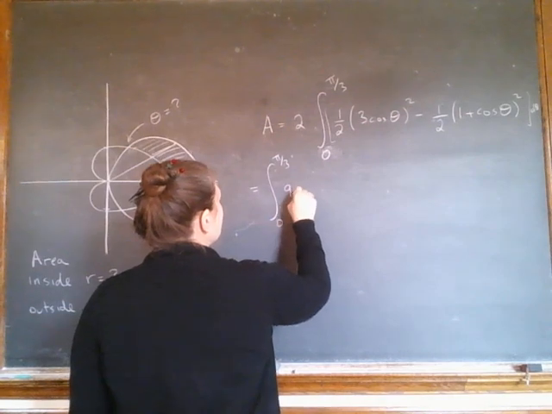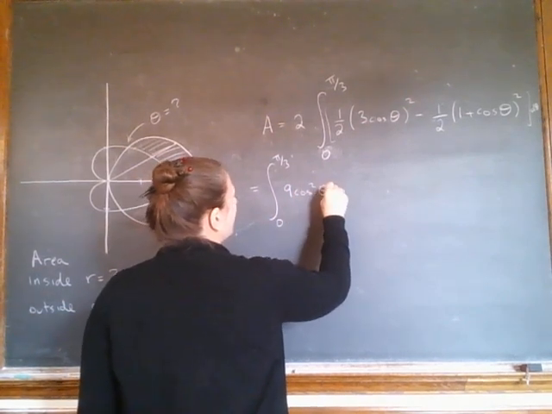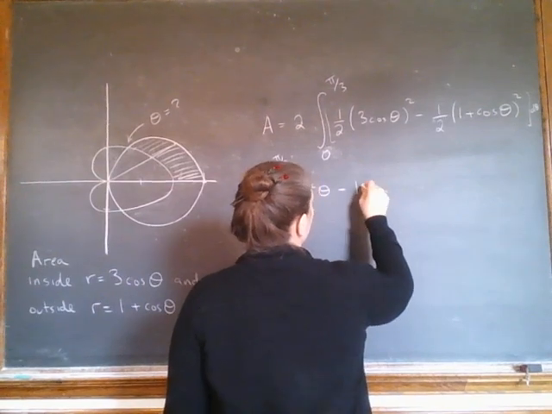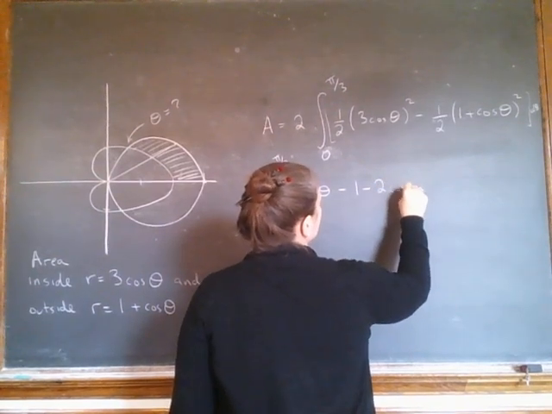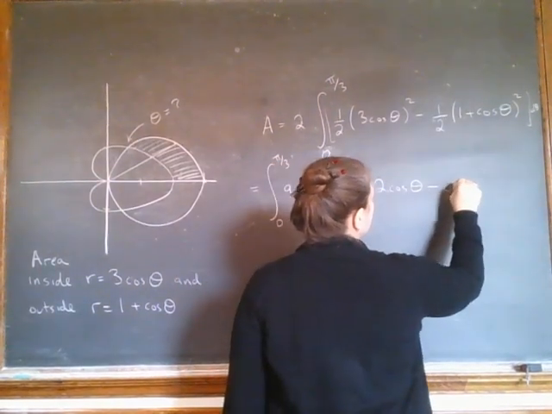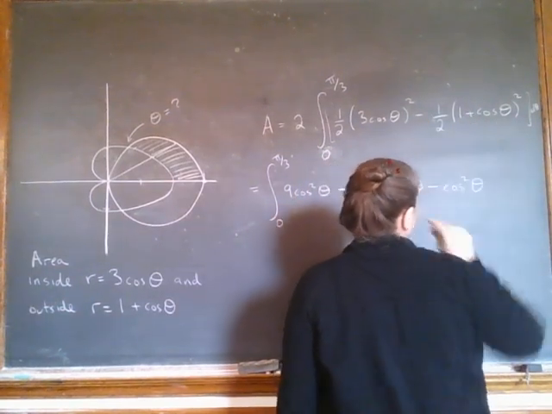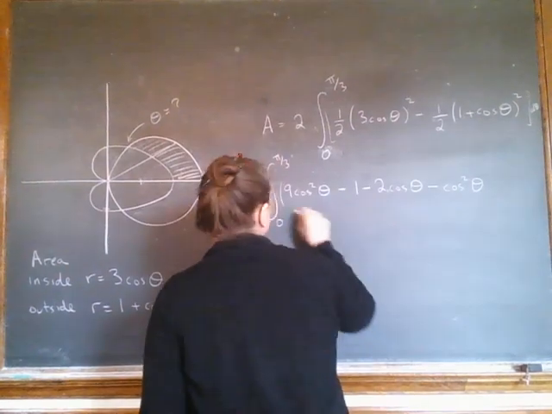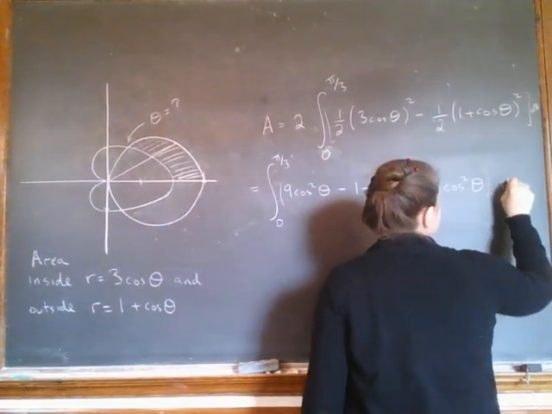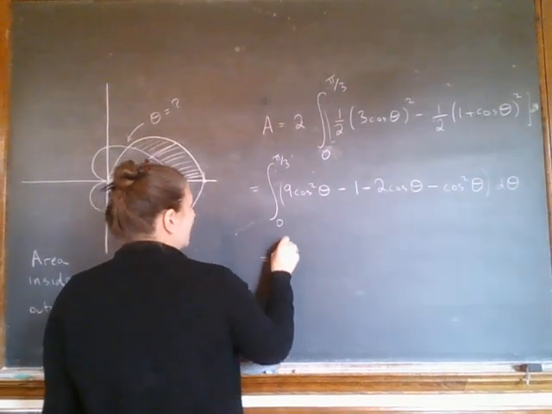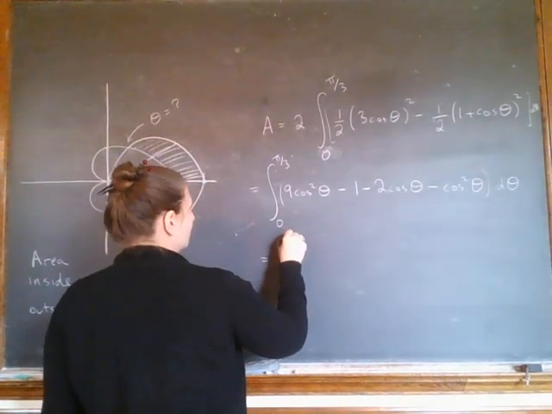Got 9 cosine squared minus 1 minus 2 cosine theta minus cosine squared. Okay, see, because this minus goes in there. So basically I write 8 cosine squared theta, but I know I have to use my half angle formula.